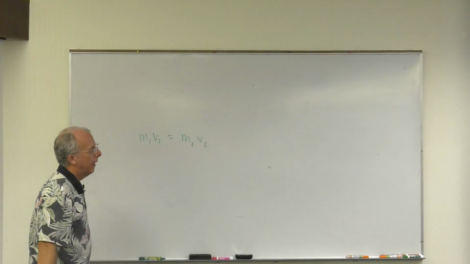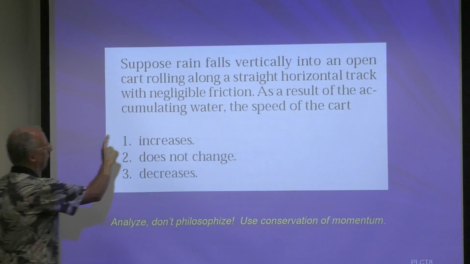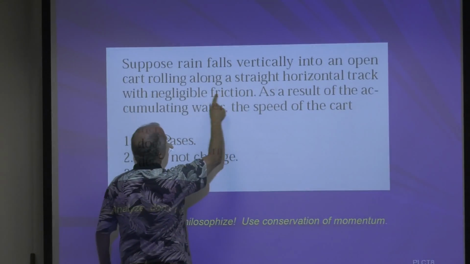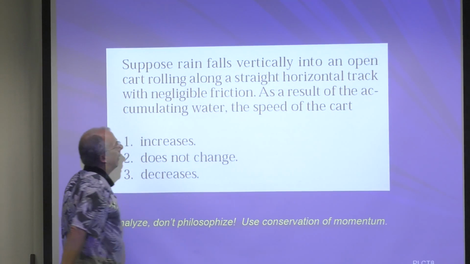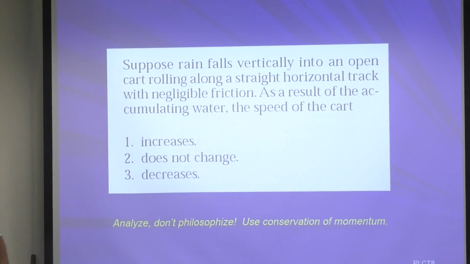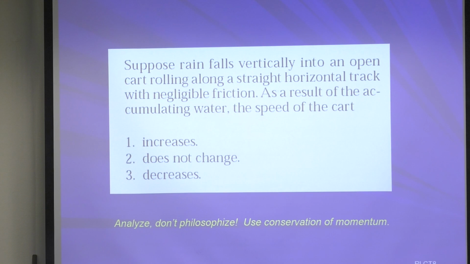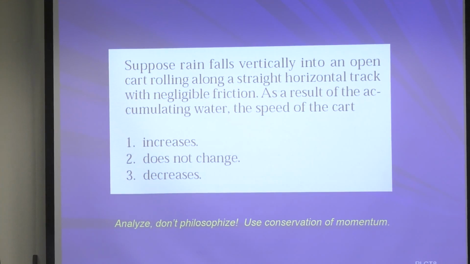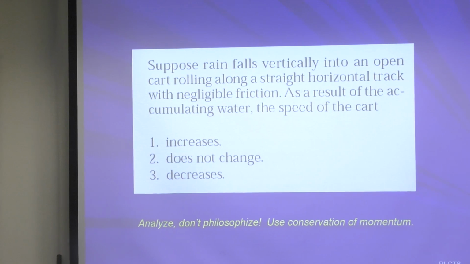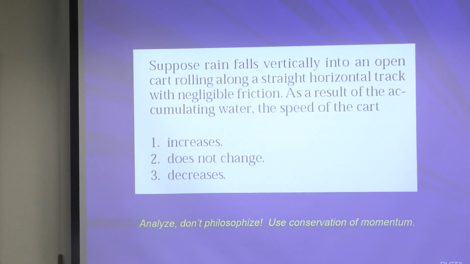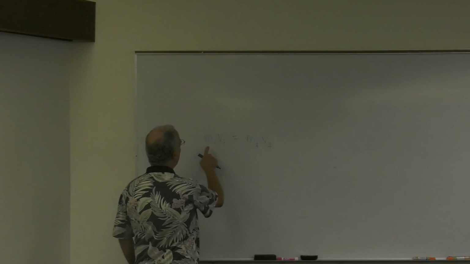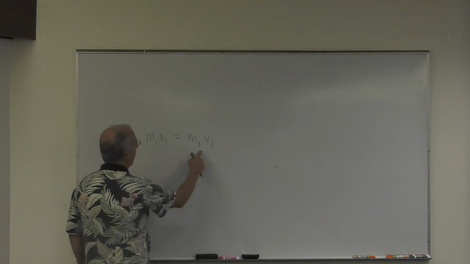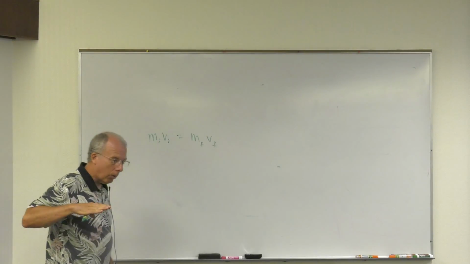Okay. All right, so you should be looking for this. It's moving along the horizontal plane, negligible friction. So that means that momentum is conserved along the horizontal plane, right? So we know M initial, V initial equals M final, V final along the horizontal plane.